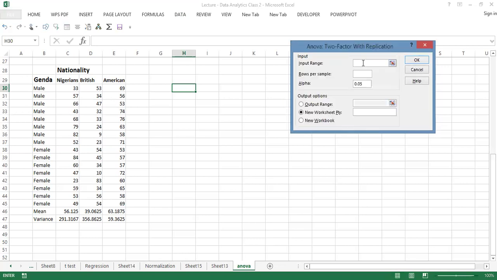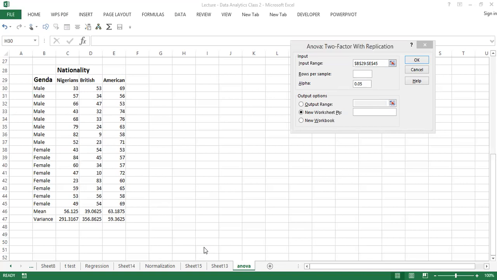Then you come to your input range box here. You are going to select the entire data, which is all of this. Then you click on rows.